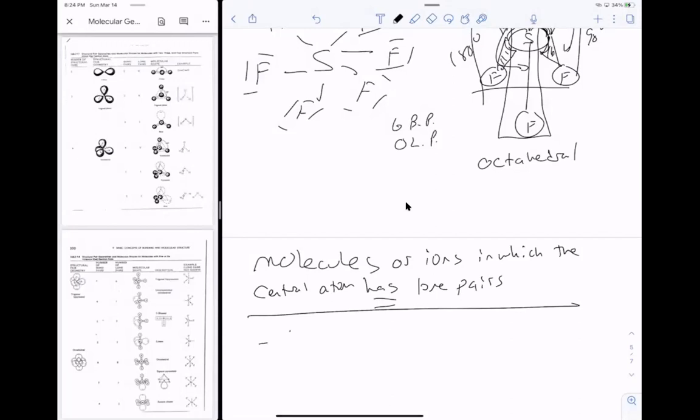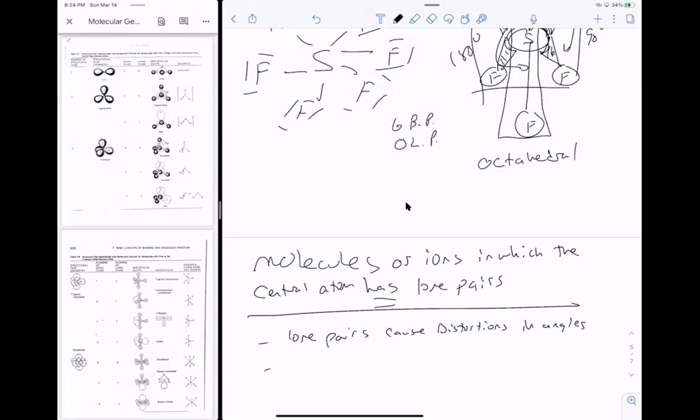A couple of things we need to know: lone pairs cause distortions in angles. That's important.